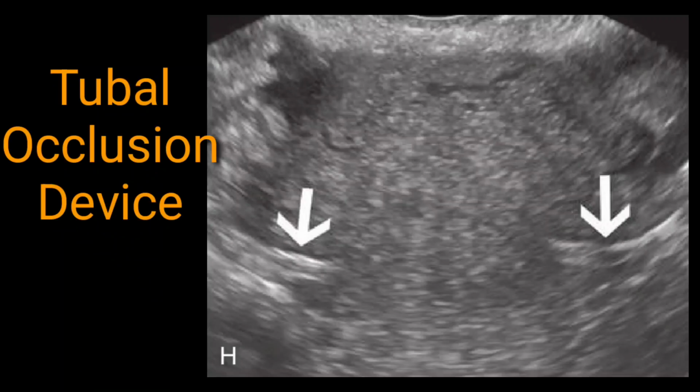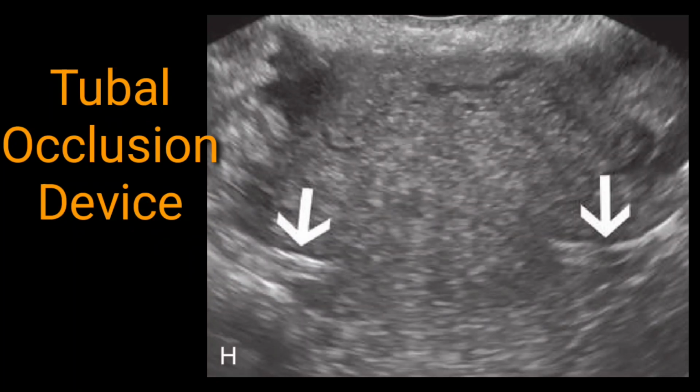This image shows tubal occlusion devices. I would not recommend going deep into this because it is a highly technical issue. For tubal occlusion certain devices can be used, and on the ultrasound images, whether transvaginal or transabdominal, these cannot be easily picked.